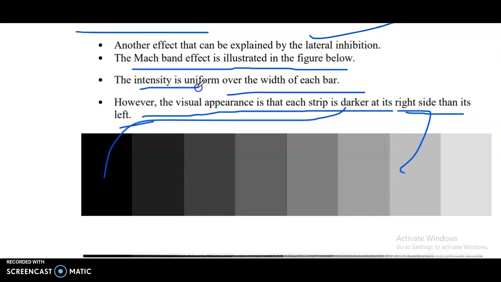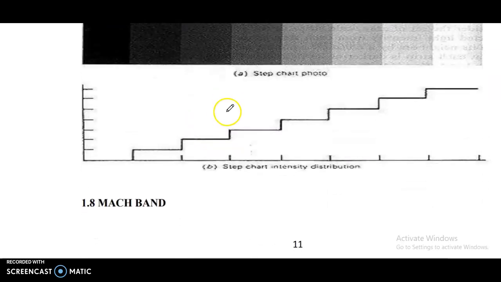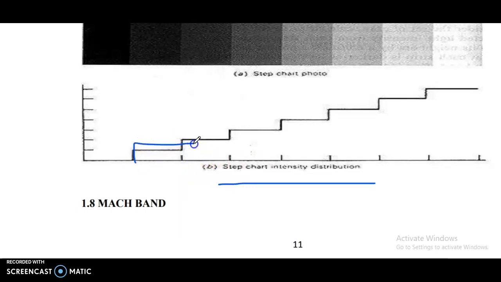Step chart photo. Mach band, step chart intensity distribution.